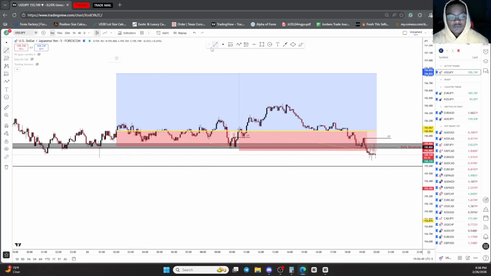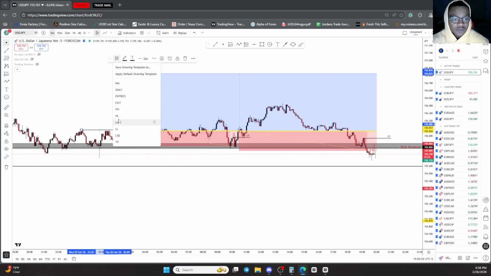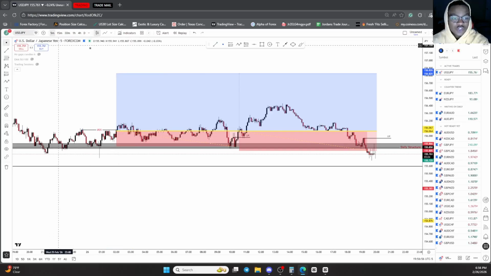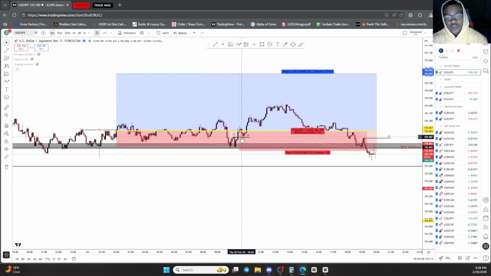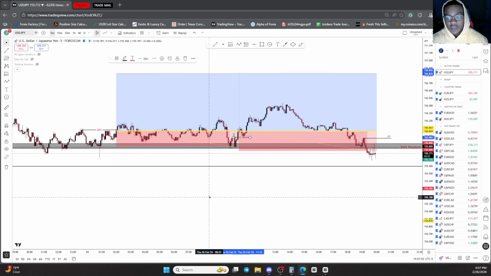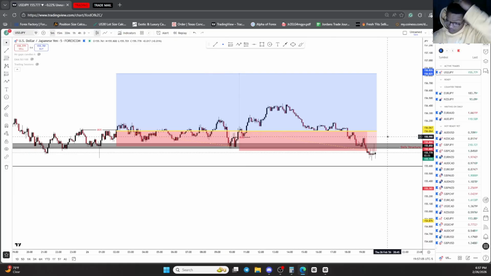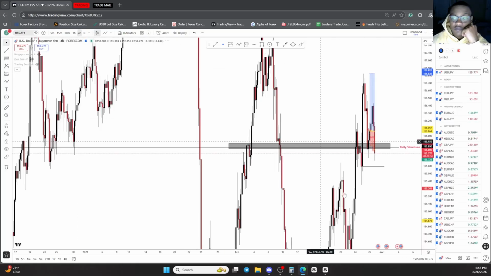Let's just mark it off for the people that need to see that. We got the breaker structure happening around here on this trade. We also had the breaker structure happening around here, breaking past that lower high on this trade. And yeah, that's it. Everything made sense. It was a real good trade.